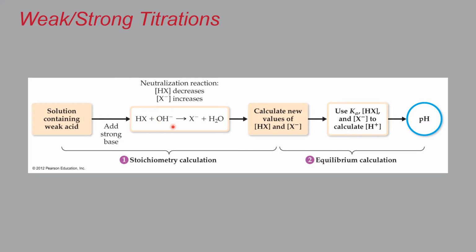Use that to calculate how much of the acid was reacted away and how much of the base was made, and then get new values. Then use the Ka reaction to determine the hydronium concentration, and by extension the pH. So this is almost exactly like the buffer example.